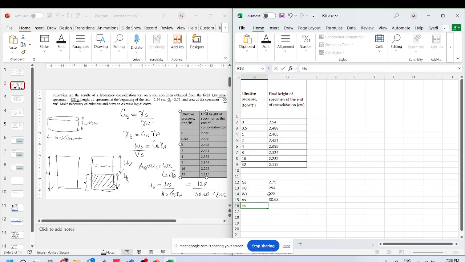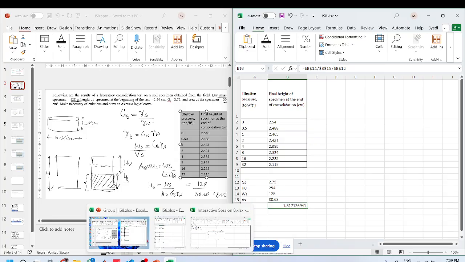So your height of solids will be weight of solids divided by area of solids. Yes, so 1.51 was the height of solids.